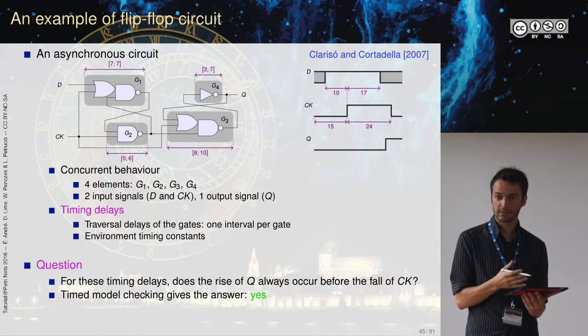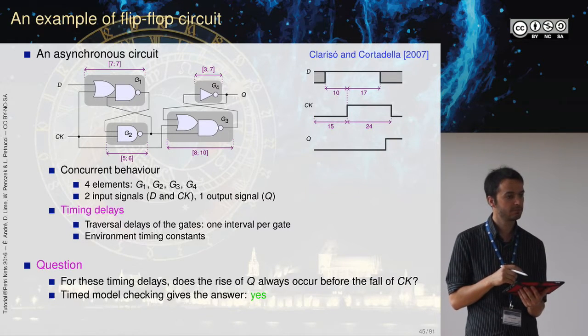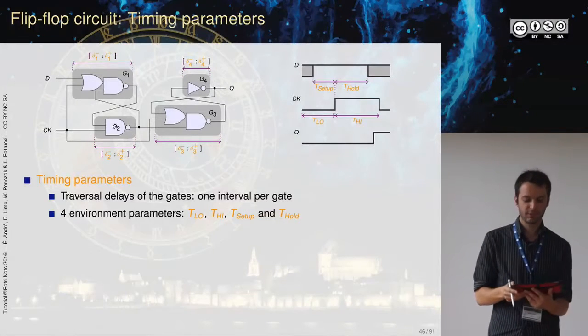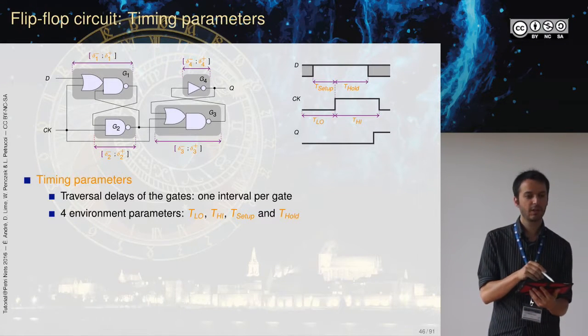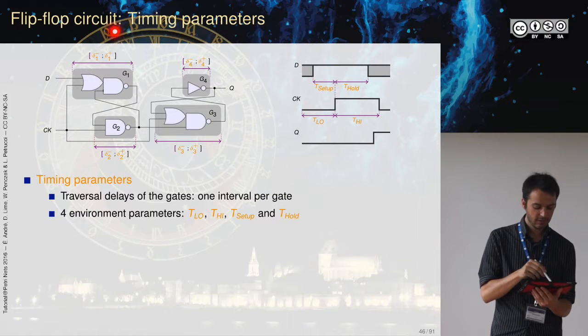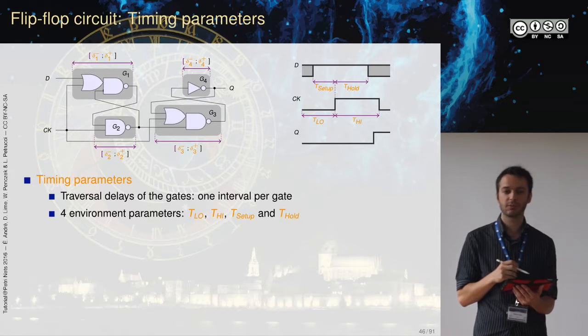And the answer is yes. I'm sure Q will rise before CK falls. Okay? Now let us add timing parameters. So we replace the constants with a list of parameters. We have 12 parameters, 8 for the gates and 4 for the input signals.